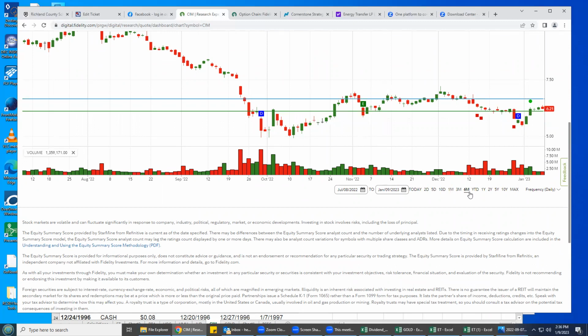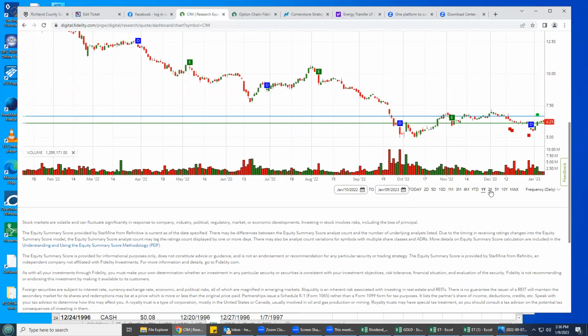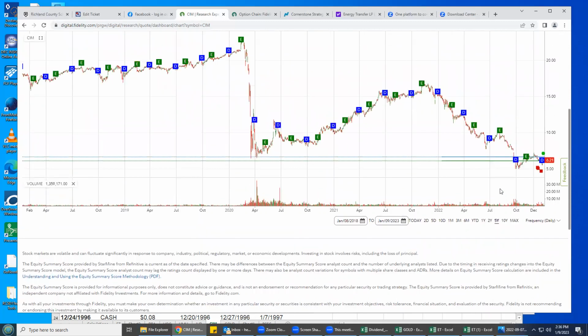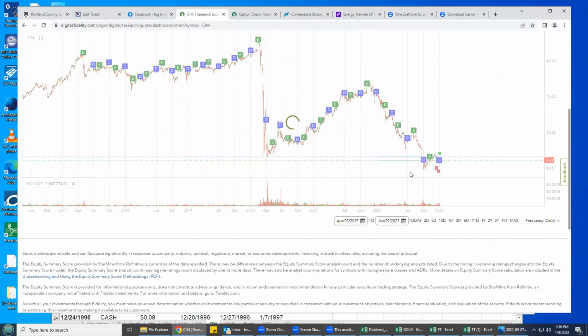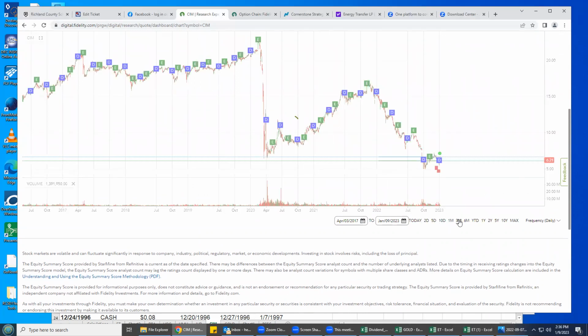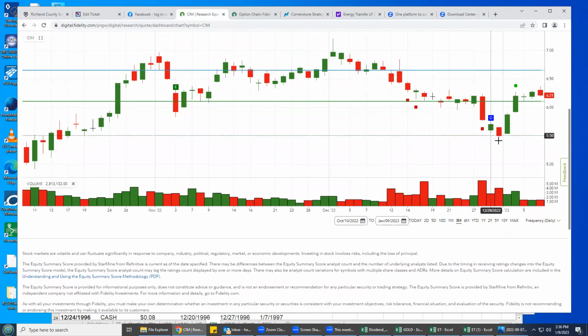But I'm just saying over 2 year, 5 year, if you're looking at a 5 year chart, it looks better in the sense that the last 3 months, it's more toward the bottom. Well, actually, you should have got in here, but it's more toward here than toward here. So that's only $6 to almost $7.